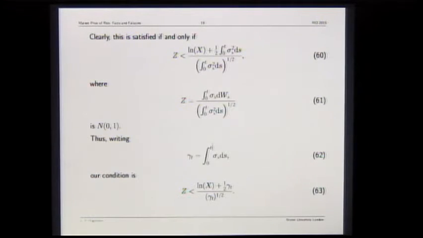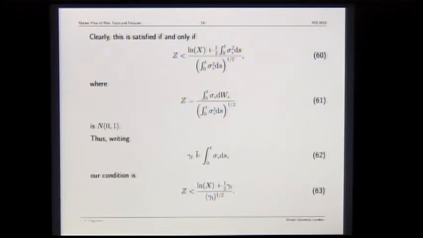After some rearrangement, we find that this condition is satisfied if we let Z be the normalized, normally distributed random variable obtainable from the integral of sigma dW. Then we get an expression that is reminiscent of the sort of term that we have in the Black-Scholes theory.